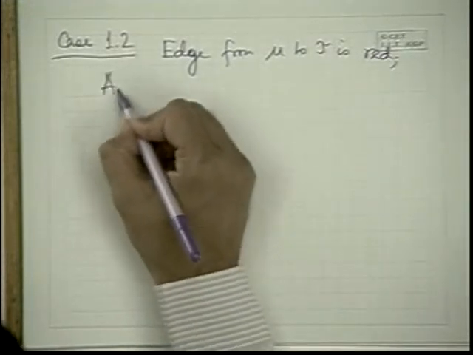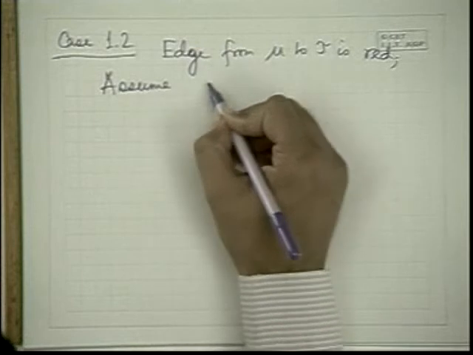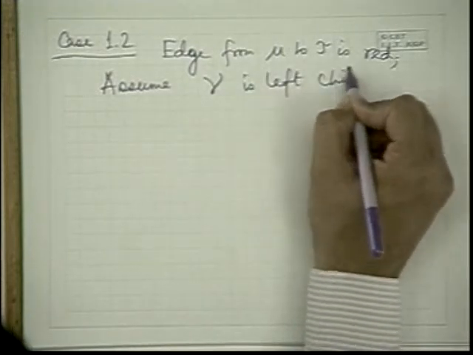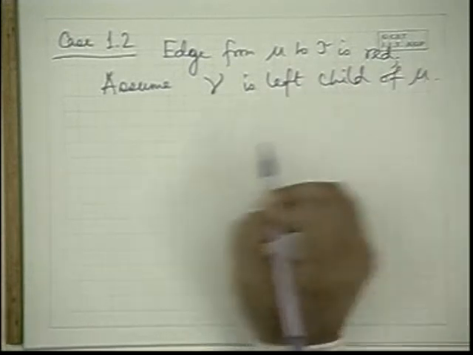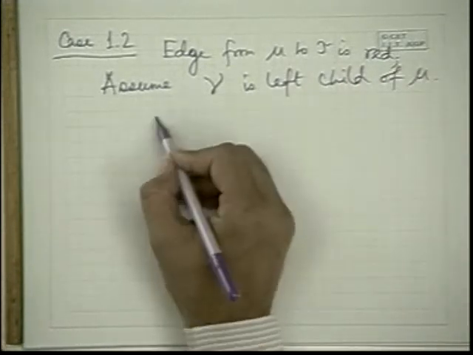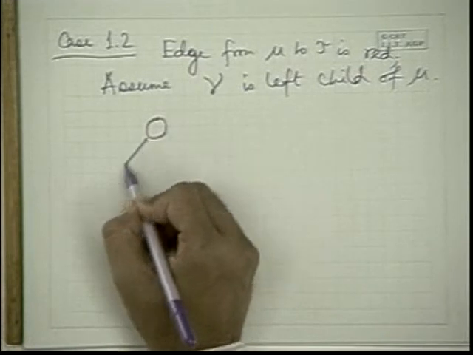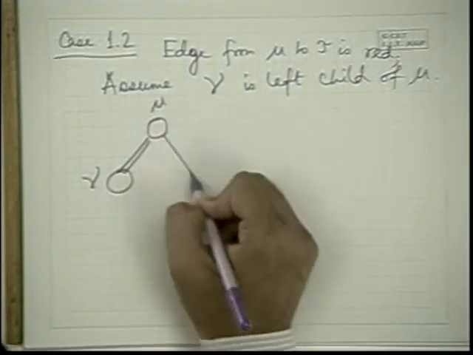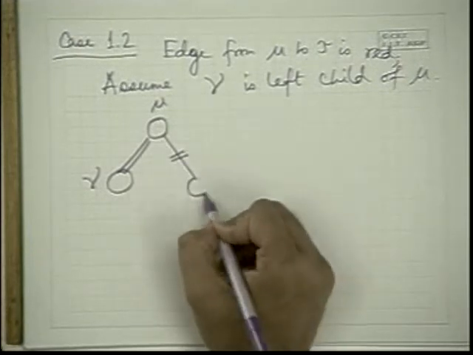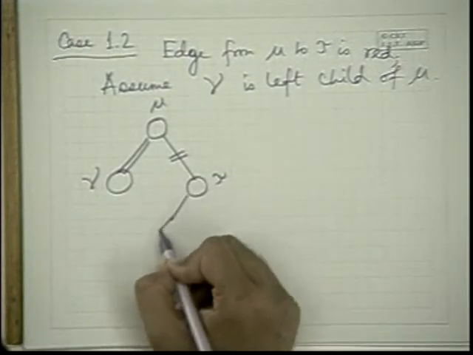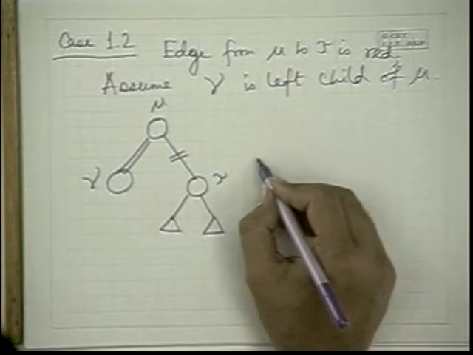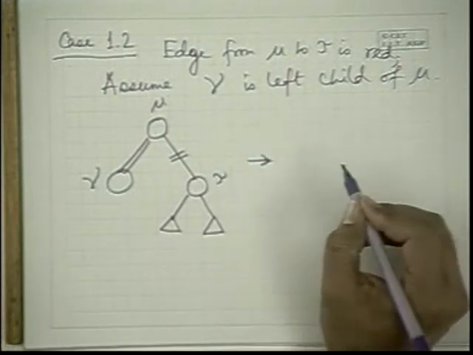Okay, and assume there is a symmetric case actually. Assume nu is left child of mu. So this is the case. Nu, this is mu, and this is now red, not black. Tau, two children.